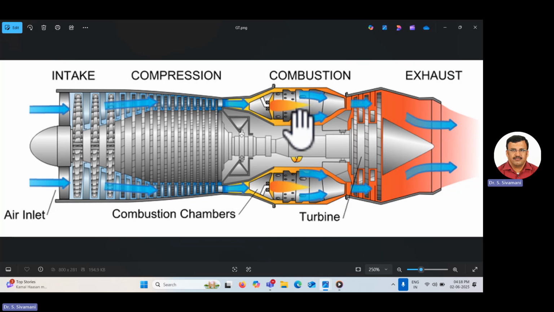In this combustion chamber, along with this compressed air, compressed natural gas is also flowing in. When the compressed natural gas and compressed air are mixed together, the combustion reaction takes place between methane and oxygen in air, which produces carbon dioxide and steam.